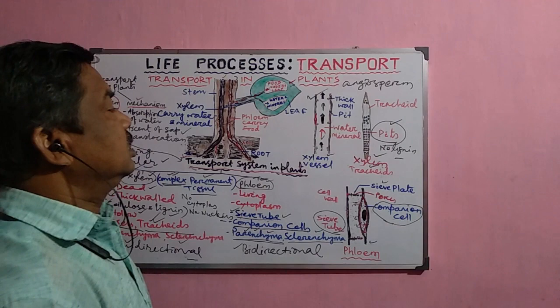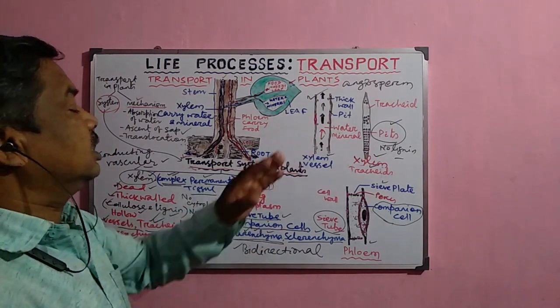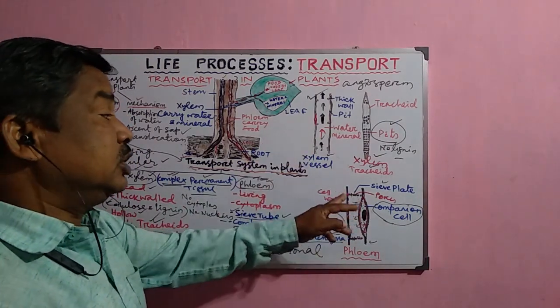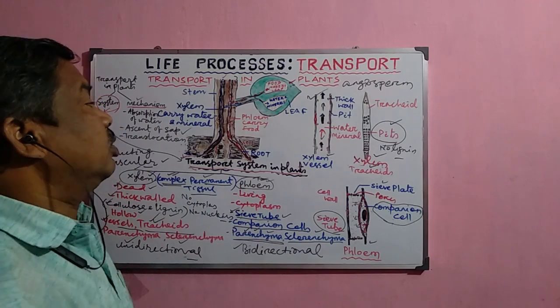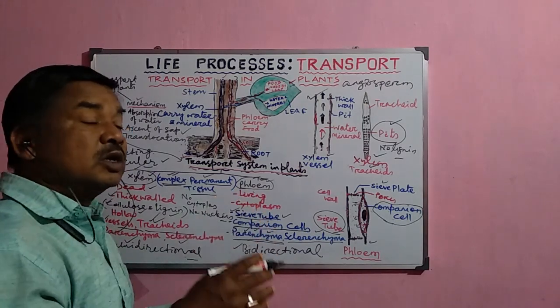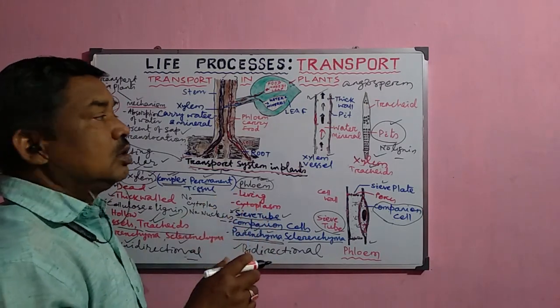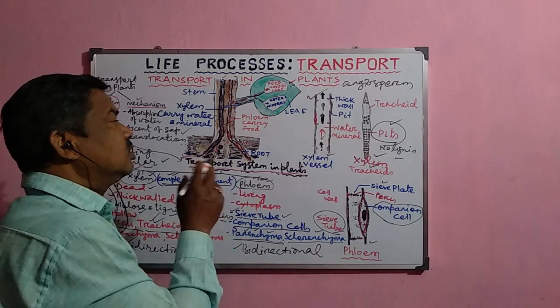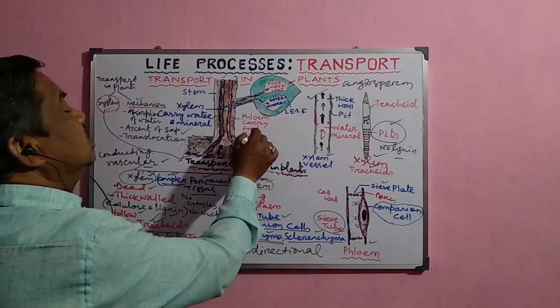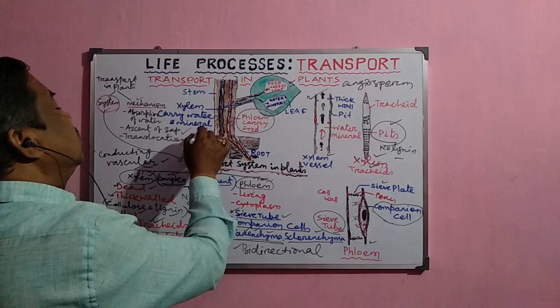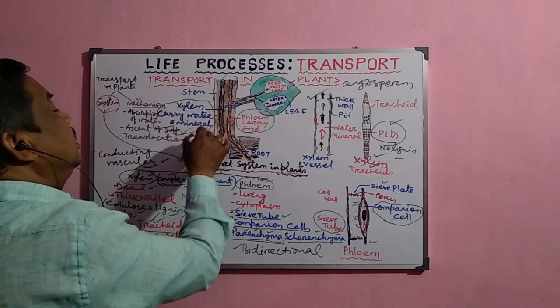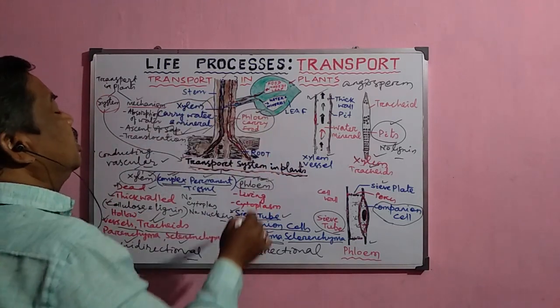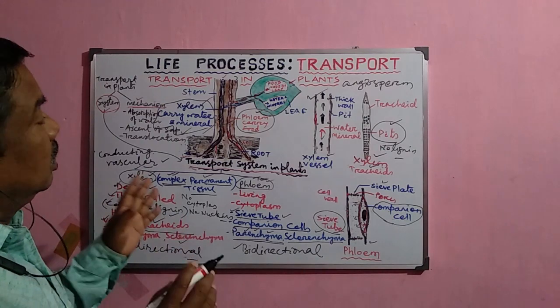So here we have the xylem, the vessels and the tracheids, and here the sieve tubes. These are the main important xylem and phloem cells, which are also called the conducting tissue or vascular tissue, which normally carry the water as well as the prepared food from one part to another.